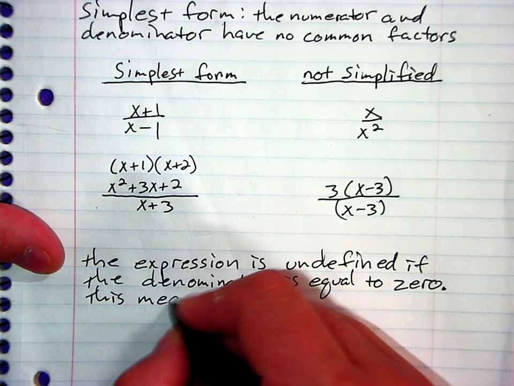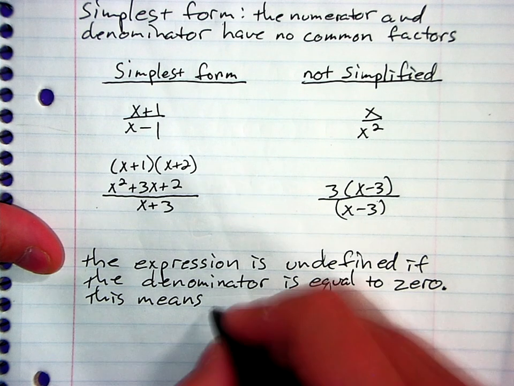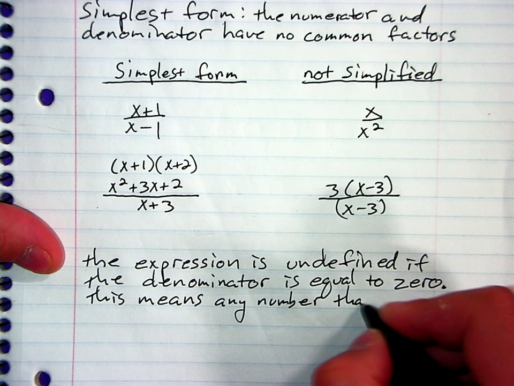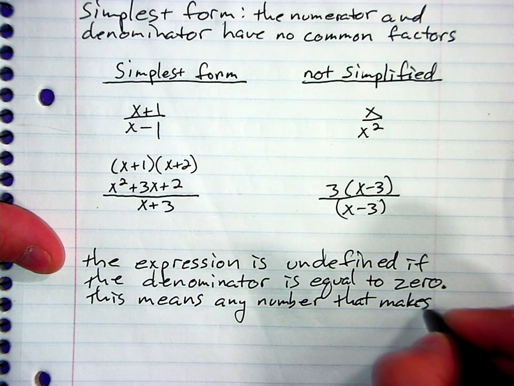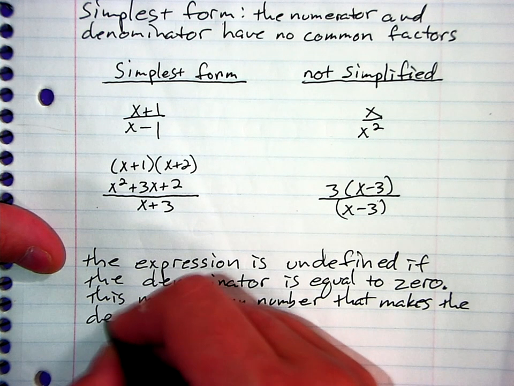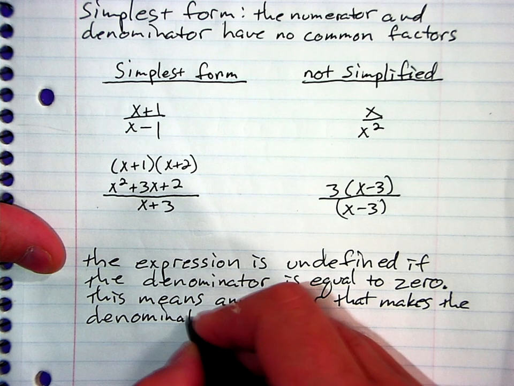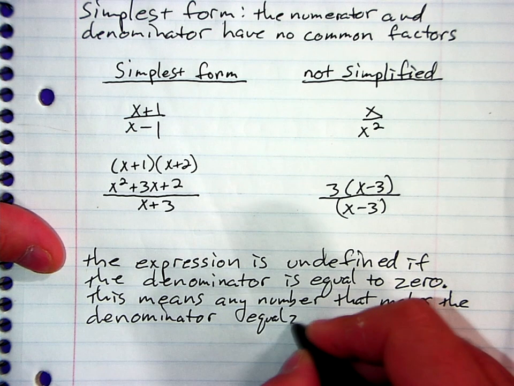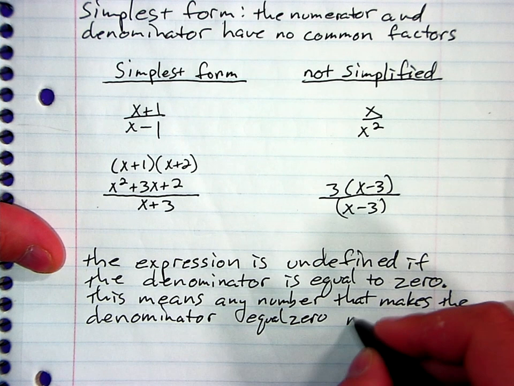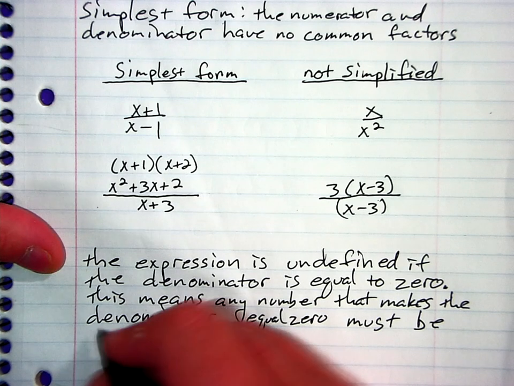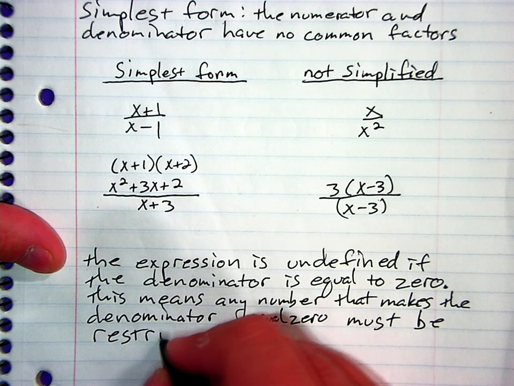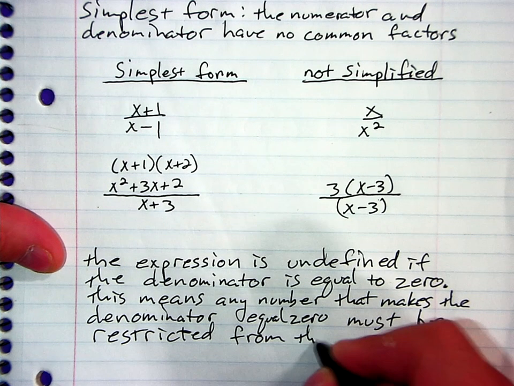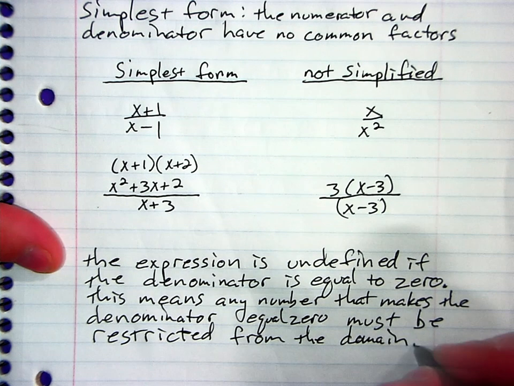This means any number that makes the denominator equal 0 must be restricted from the domain.